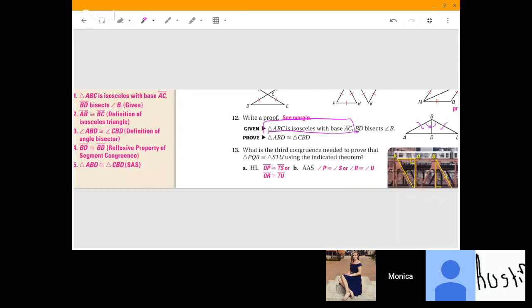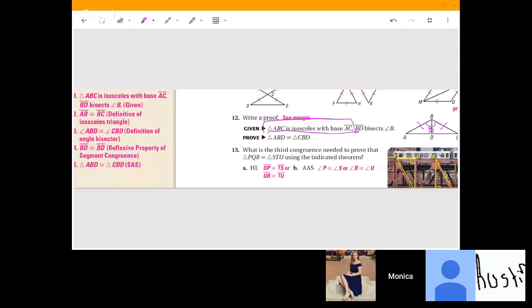And then the next thing, when we look at this picture, we have two of the smaller triangles, right? They share a side. So what do we know about that side? That it's also congruent. And why is BD congruent to BD? Because of the reflexive property, that's right.